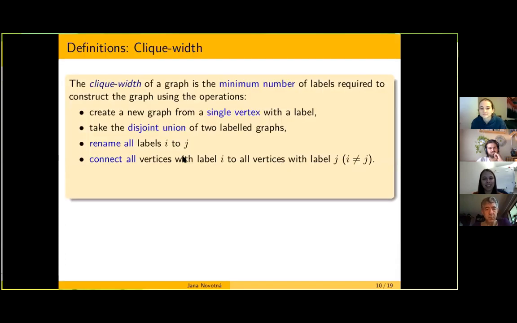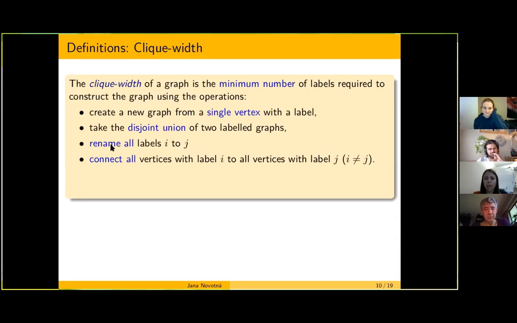So at first, I will start with what Clique-width is. The Clique-width of a graph is defined as the minimum number of labels required to construct our graph using the following operations. You can create a vertex and give it a label. Then you can take the disjoint union of two labeled graphs.